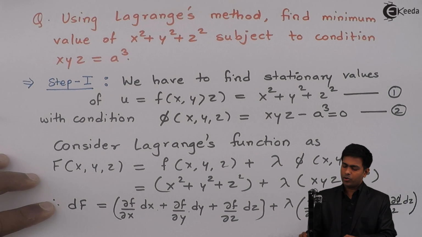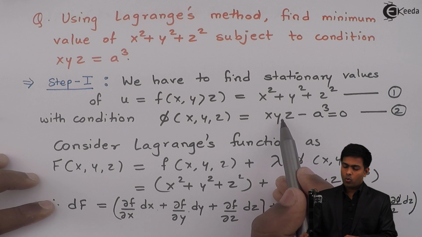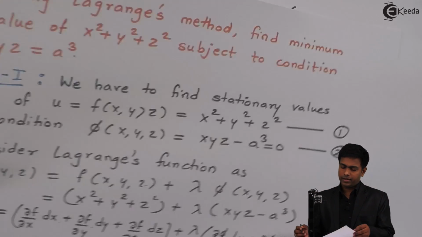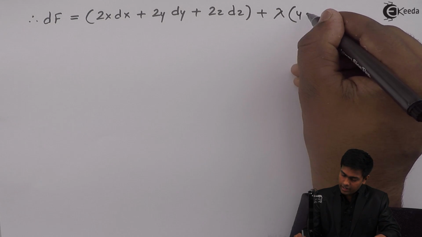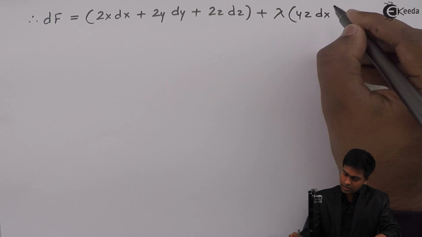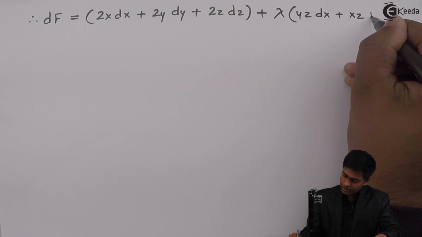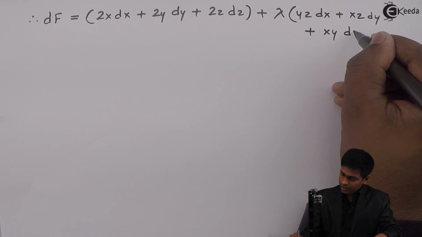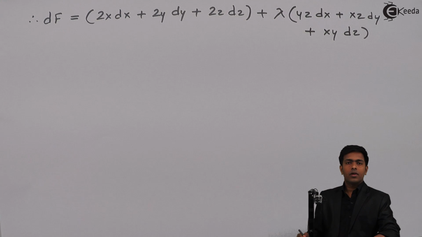So dou phi by dou x will become yz, dou phi by dou y will become xz, and dou phi by dou z will become xy. So we will get yz into dx plus xz into dy plus xy into dz.